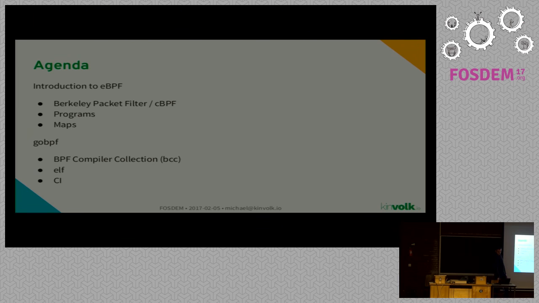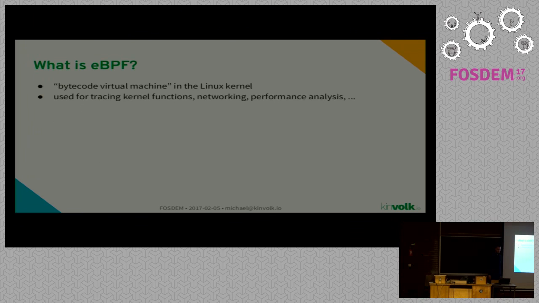So eBPF is a so-called bytecode virtual machine in the Linux kernel. Today it's used for tracing, networking, so software-defined networking, for performance analysis, for security purposes, and so on.